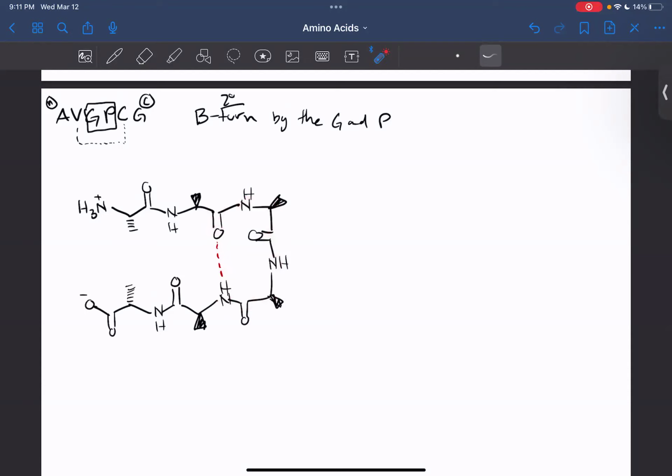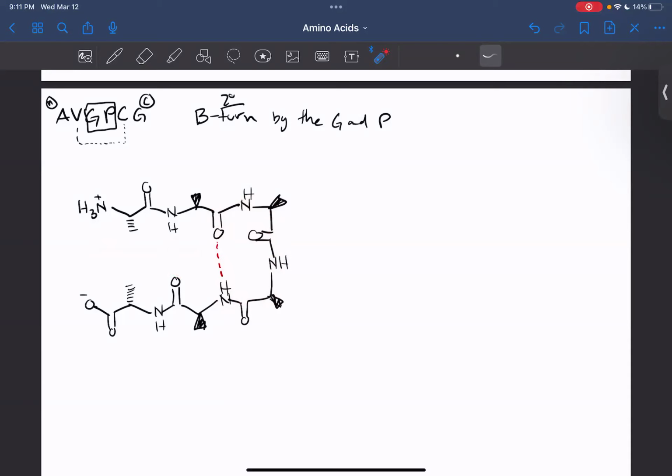I'll do that one more time. 1, 2, 3, 4, 5, 6, 7, 8, 9, 10, where there's hydrogen bonding mediating between the 1 and the 10. Okay? And then if you do that throughout the rest of this beta turn, if it's much longer, you'll see that the hydrogen bonding regions line up.